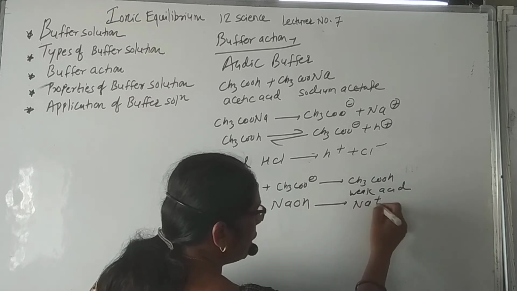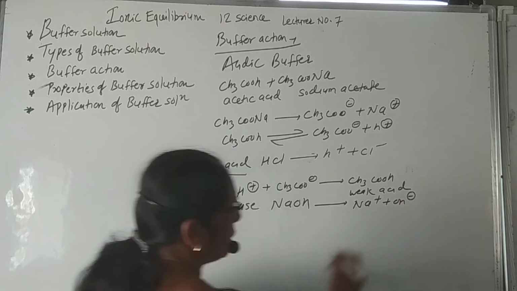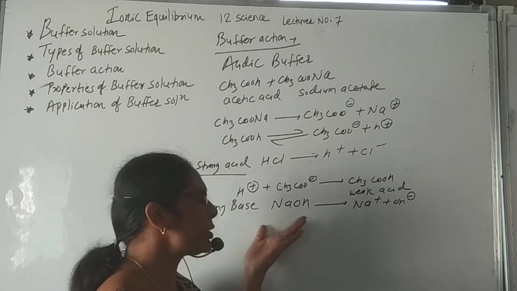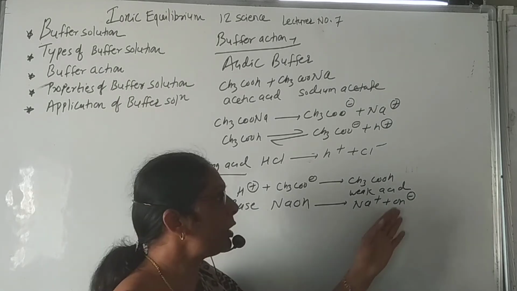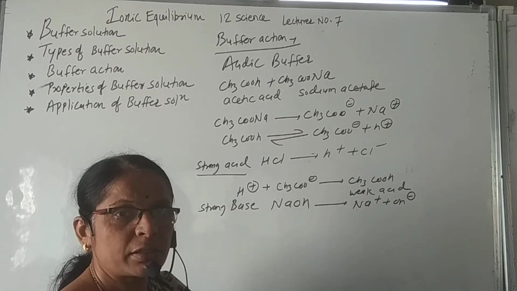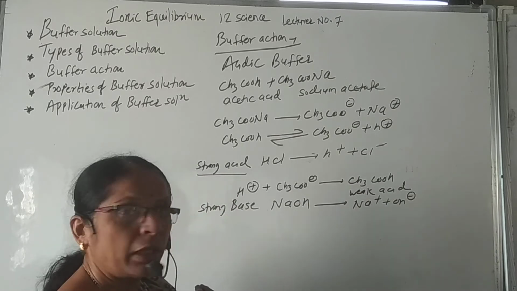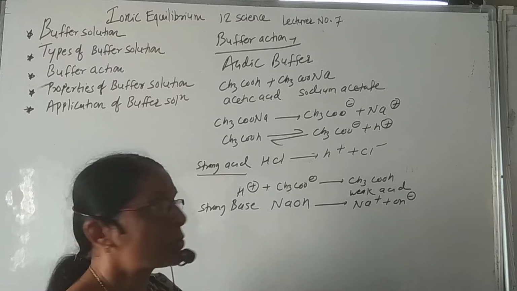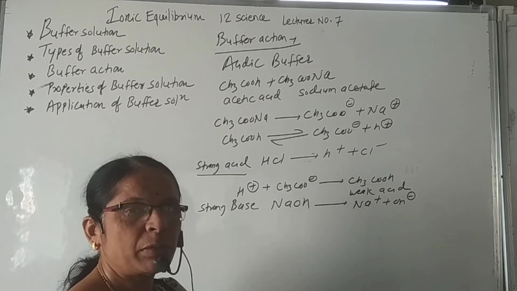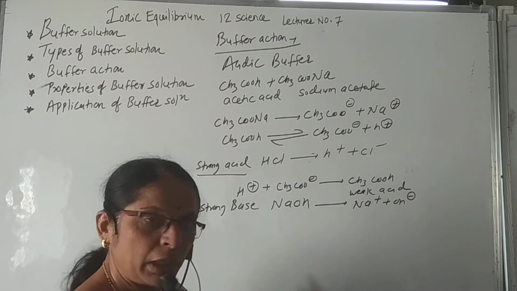It dissociates completely as Na plus and OH minus. The concentration of OH minus in the solution increases, so the basicity of the solution changes, and it ultimately affects the pH, because pH plus pOH is equal to 14.